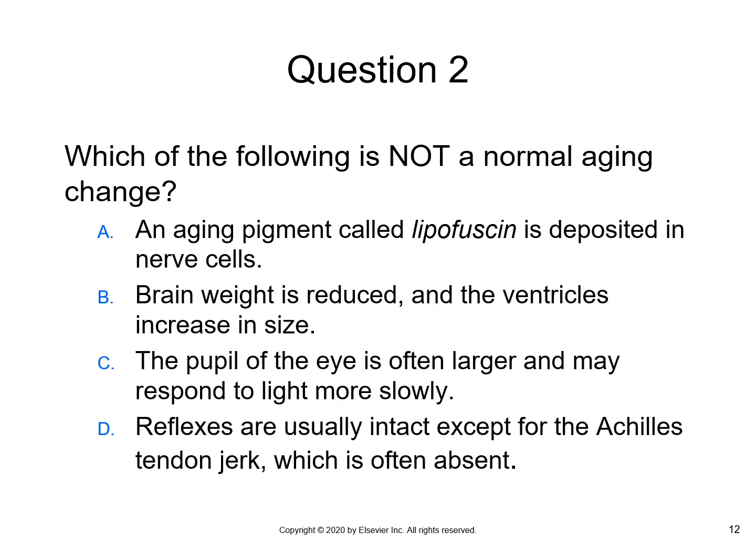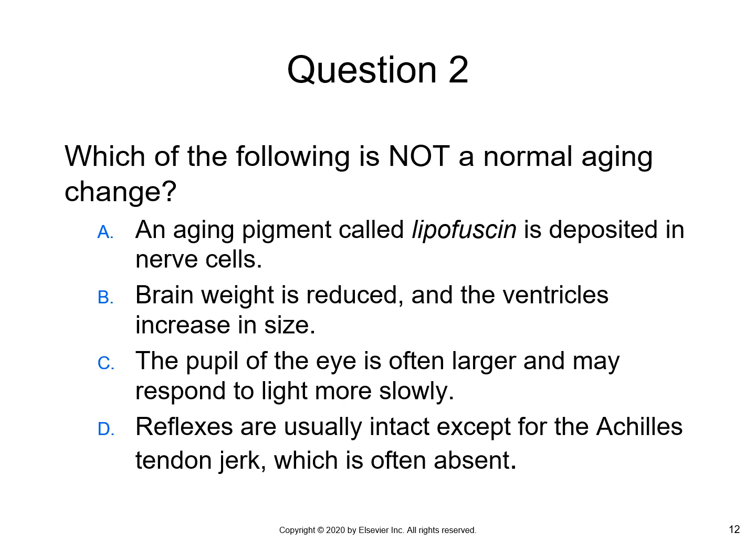Question number 2. Which of the following is not a normal aging change? Give you some seconds. All right, correct answer is C. The pupil of the eye is often larger and may respond to light more slowly.